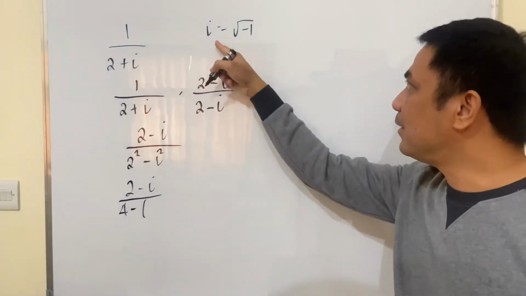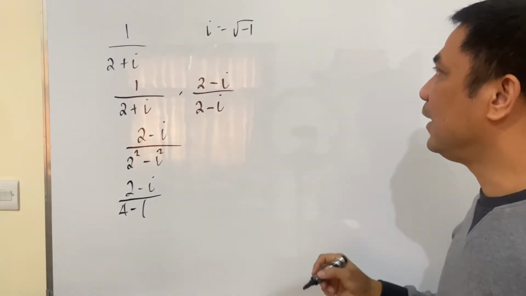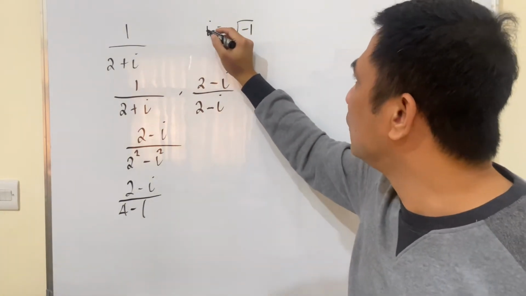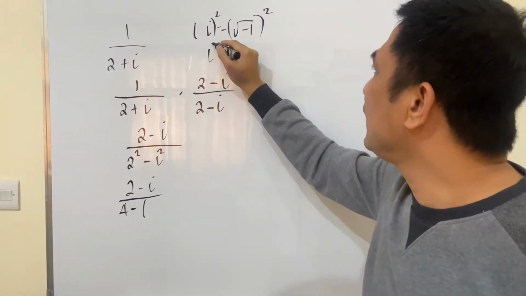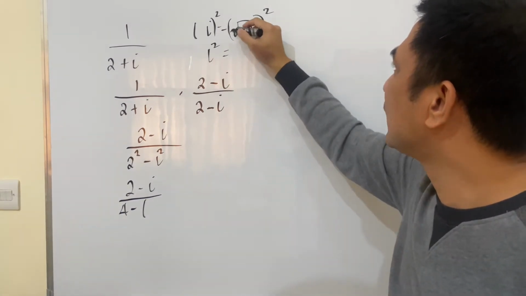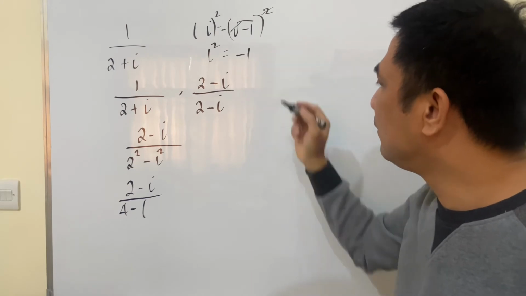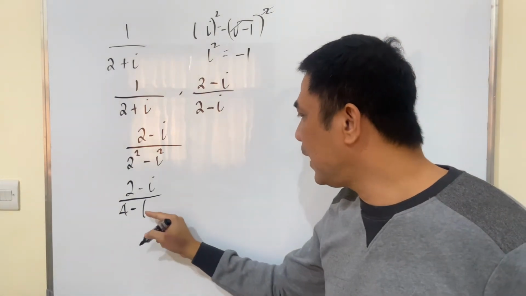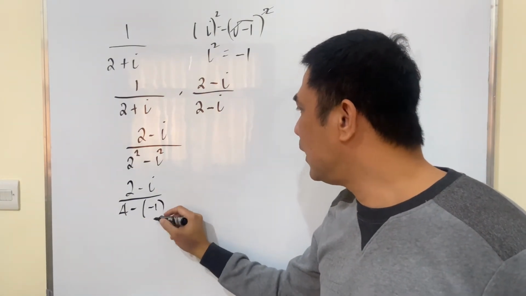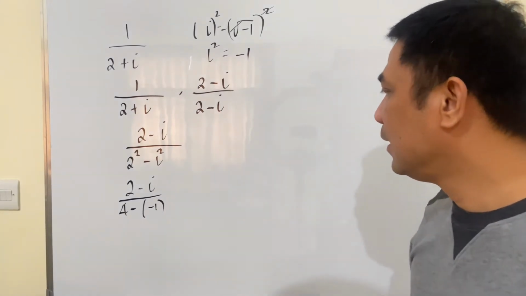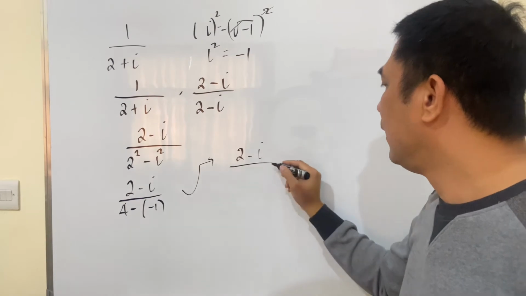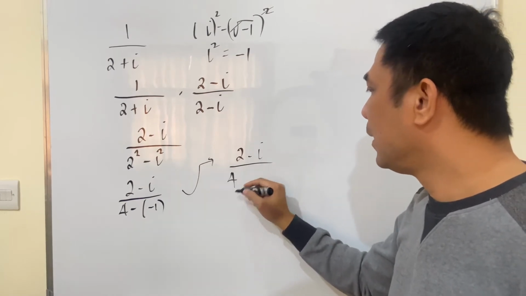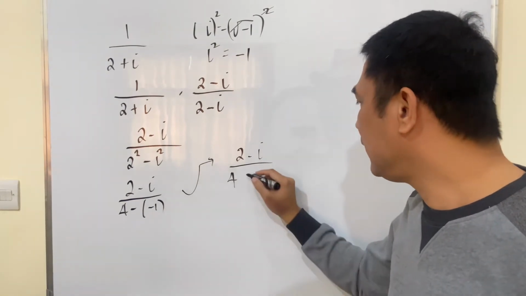Okay, so that would be 2 minus i over 4 minus, okay? If I have i here as the square root of negative 1, and I square both sides, that means i squared will be negative 1. So that means 4 minus negative 1, i squared is negative 1. So this will now be equal to 2 minus i over 4, minus minus, that's positive, plus 1.